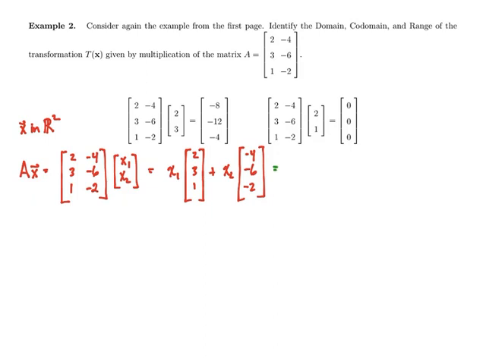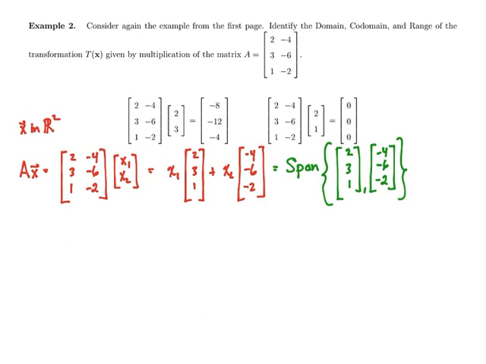And another way to think about that is this is the span of those two column vectors, 2, 3, 1, and -4, -6, -2. The span here is not the codomain, but this is the range. It's our set of all outputs that we could possibly have.